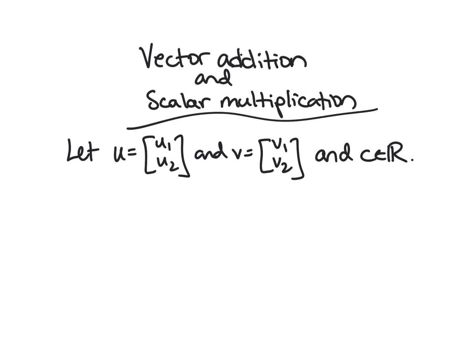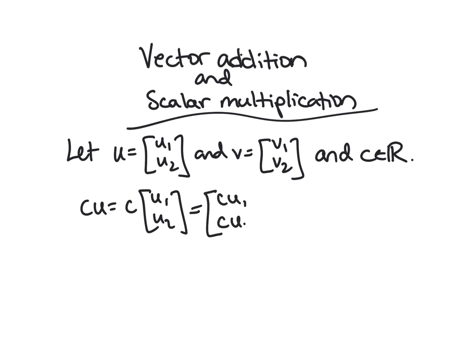And so C is going to be a scalar, U and V are vectors, and so scalar multiplication says that CU, or C times this vector, U1, U2, is just multiply each coordinate by C. So CU1, CU2.